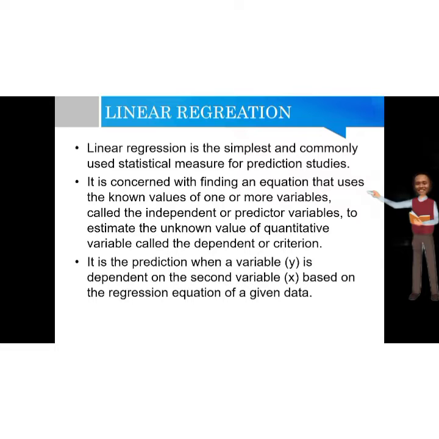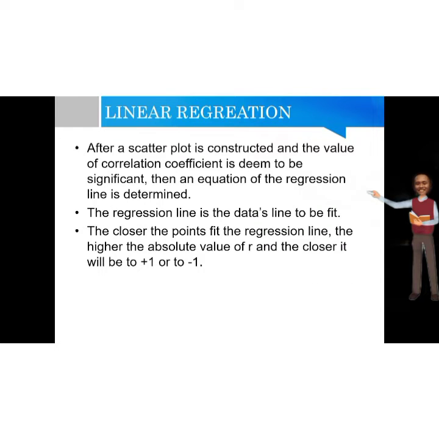In statistics, linear regression is a linear approach for modeling the relationship between a scalar response and one or more explanatory variables. After a scatter plot is constructed and the value of the correlation coefficient is deemed to be significant, the equation of the regression line is determined.